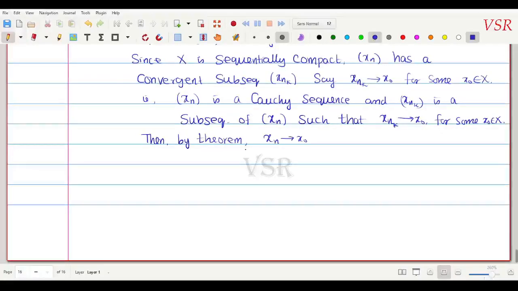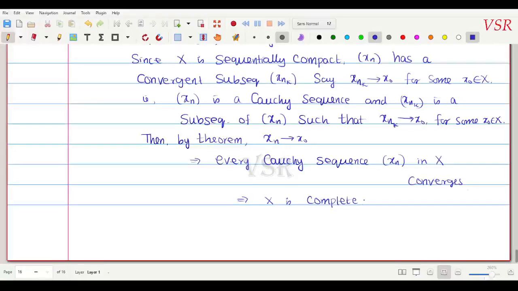So it implies that every Cauchy sequence xn in capital X converges. So this implies that capital X is complete.